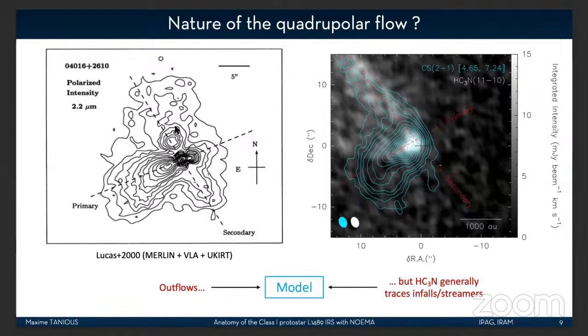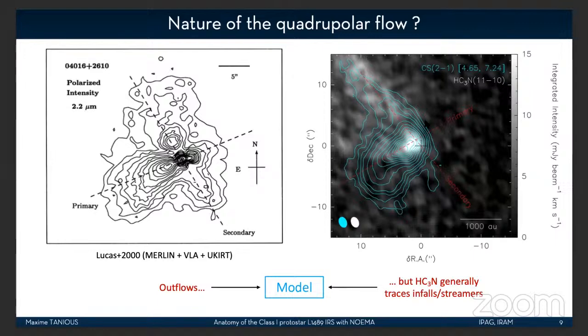And they interpreted this as bow shocks that would be linked to outflow emission. And we have on the right-hand side here our observation. So in the background, we have the HC3N emission, and in contours, the blueshifted CS emission. And we can see that we retrieve these structures elongated along these two major axes, the primary and the secondary.